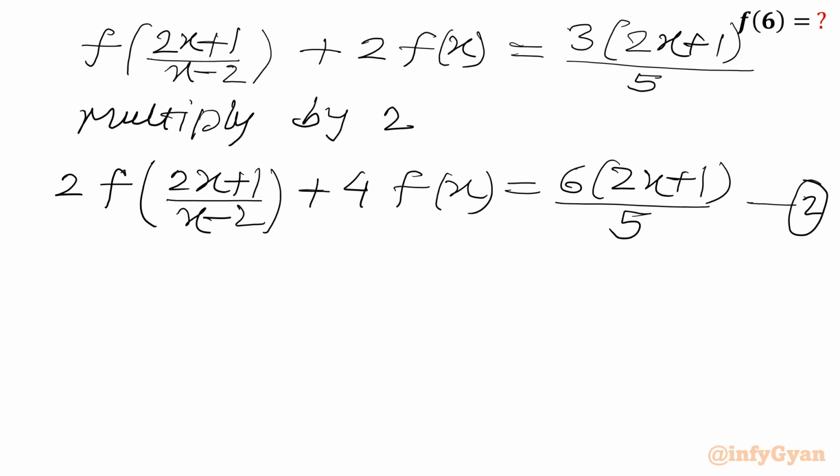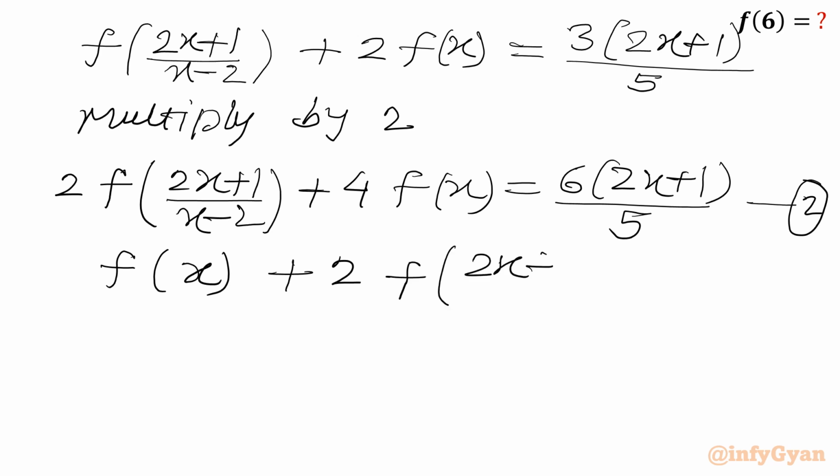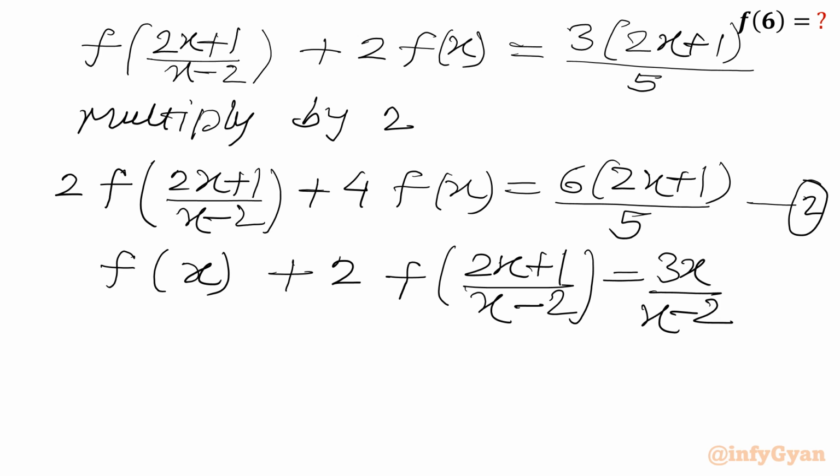Let me write our original equation, equation 1: f of x plus 2 times f of (2x plus 1) over (x minus 2) equal to 3x over (x minus 2). This was our equation number 1. Now I will take away the first equation from the second one.